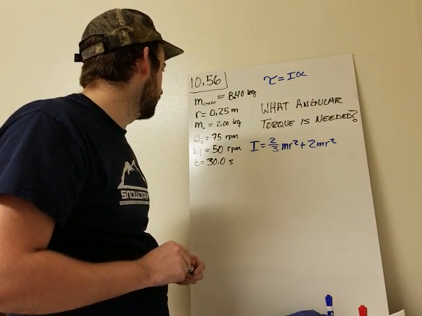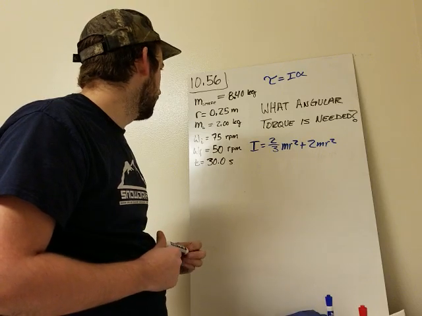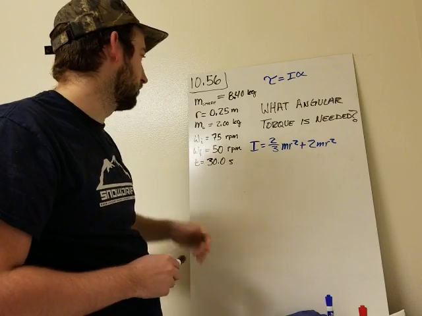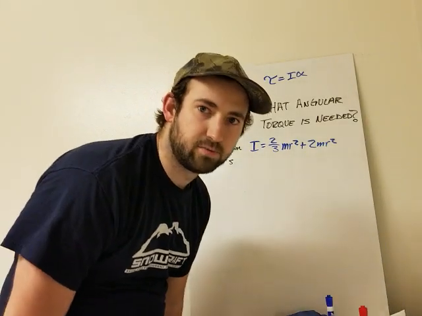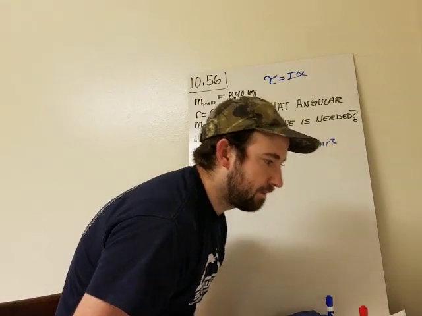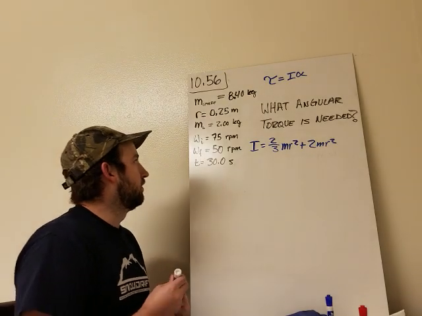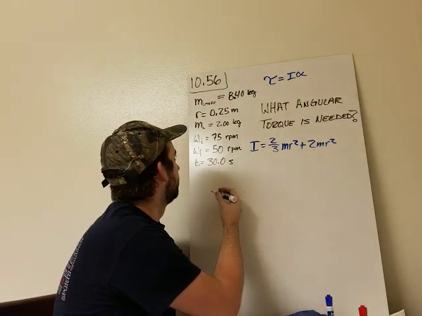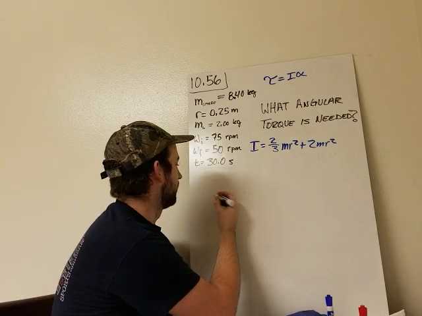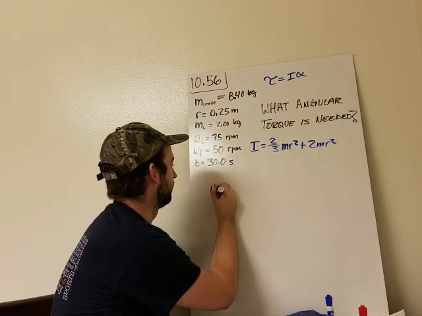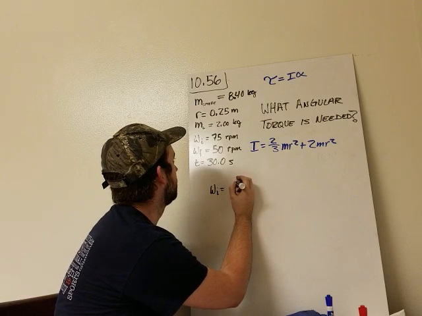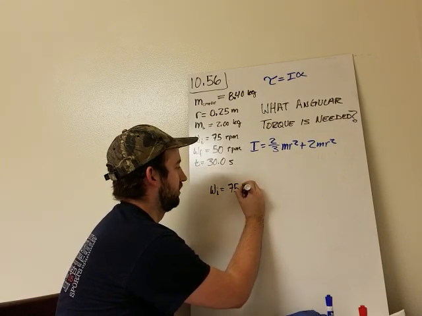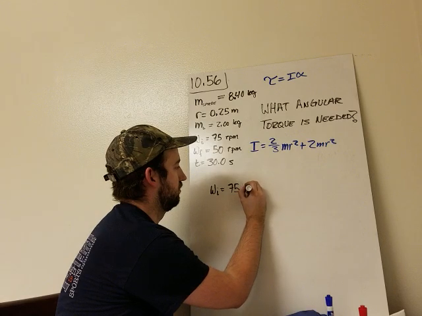What we're going to do first is change these angular velocities from RPM to radians per second. Let's start with the first one. Initial equals 75 revolutions per minute.